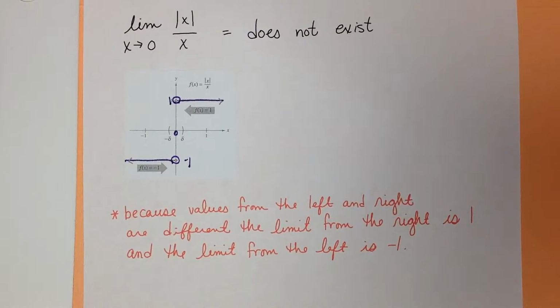So what you're approaching from the left and the right are not the same. So that would mean that your limit does not exist if it approaches something different from each side, okay? Of course, that's the explanation that I've written down here at the bottom as to why that limit does not exist, okay?